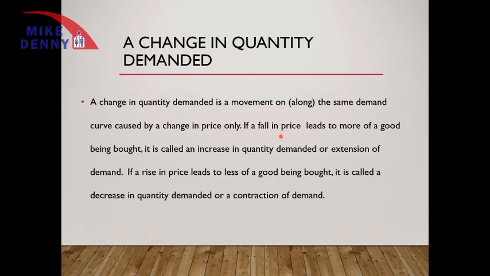So if a fall in price leads to more of a good being bought, it is called an increase in quantity demanded or an extension of demand. If a rise in price leads to less of a good being bought, it is called a decrease in quantity demanded or a contraction of demand.